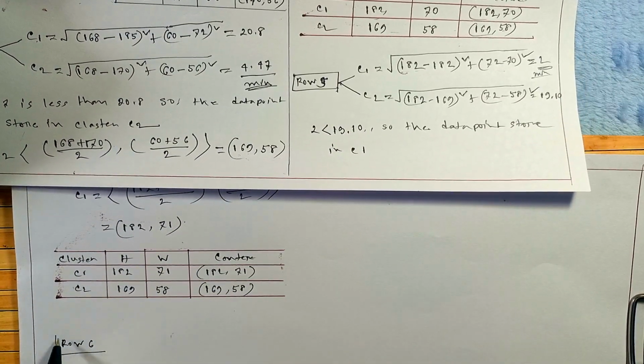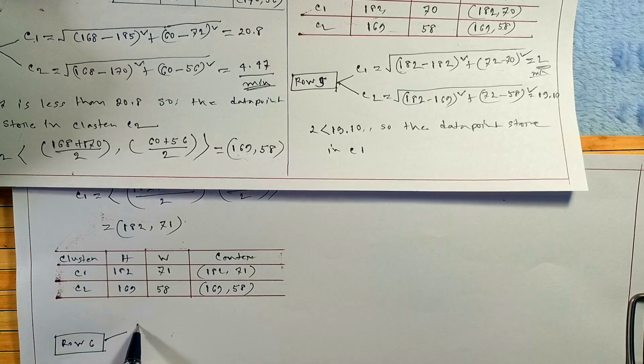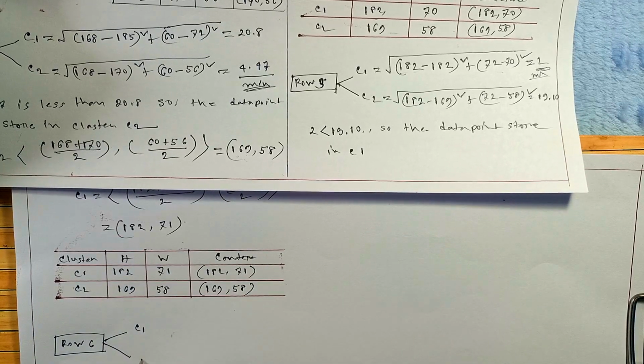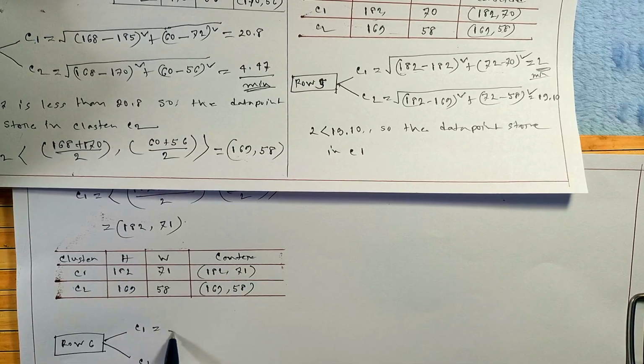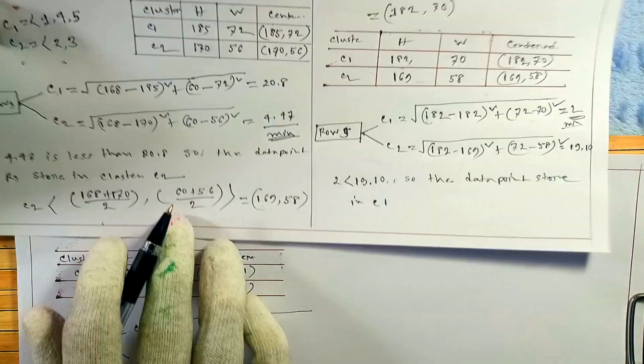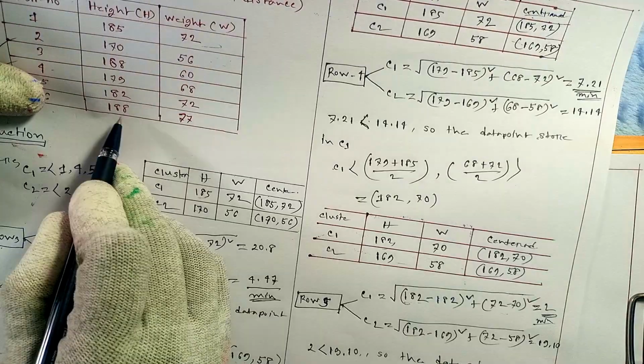Row 6 could go to C1 or C2. Let's find out. Row 6's value is 188, 77.